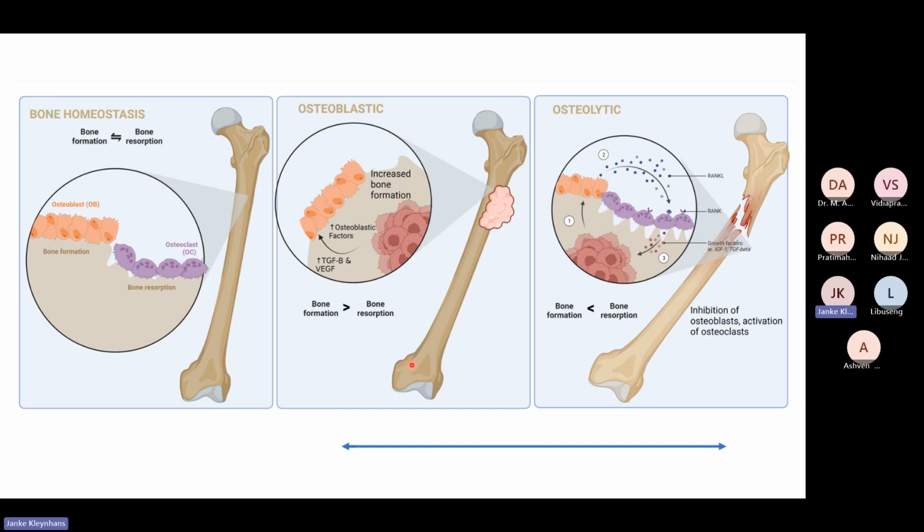If this goes out of sync, then you get either osteoblastic lesions, where there is increased bone formation, an increase in secretion of osteoblastic factors and all of these signaling factors from your cancer, and this builds up your bone more than it breaks it down. And in osteolytic, there is increased bone resorption compared to formation.